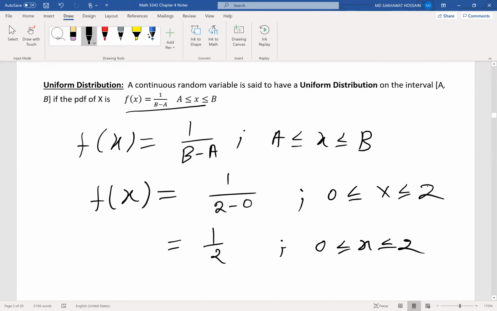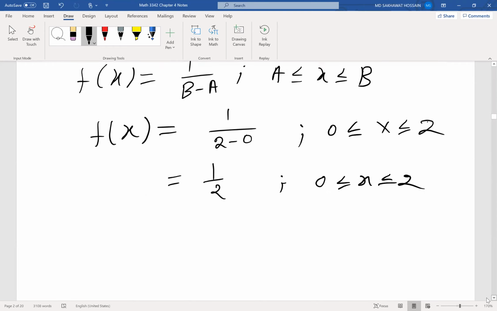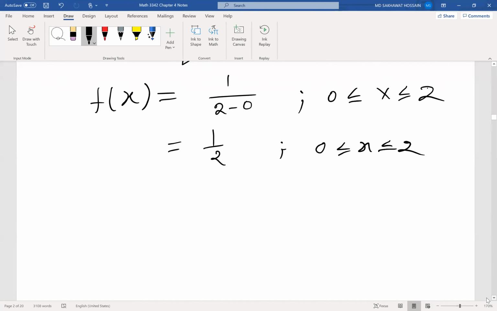Now you see that for any value of x from 0 to 2, the function is always 0.5. So at each value of x, the function is the same. That's why it is called uniform distribution. The density is distributed uniformly for all the values of x, and for the other values of x, the function is 0.